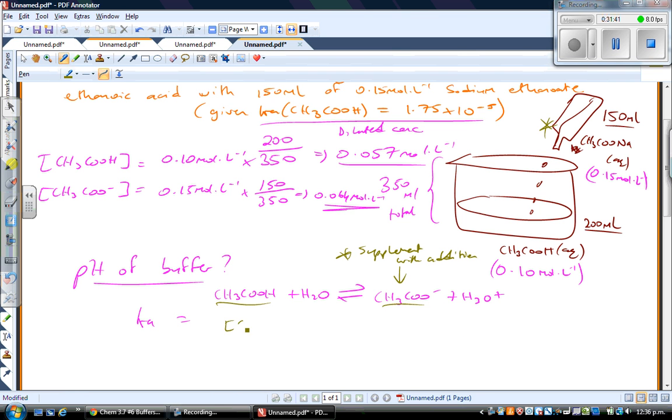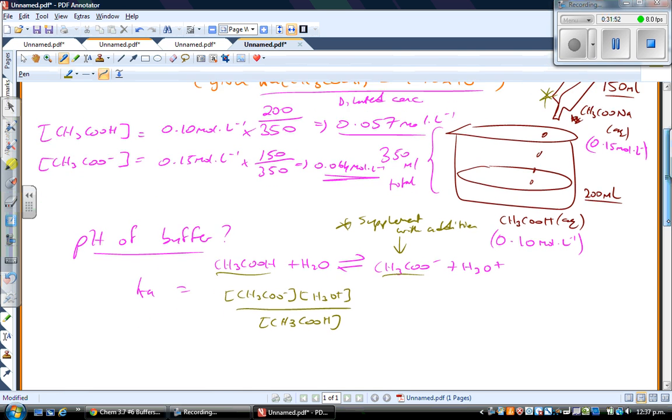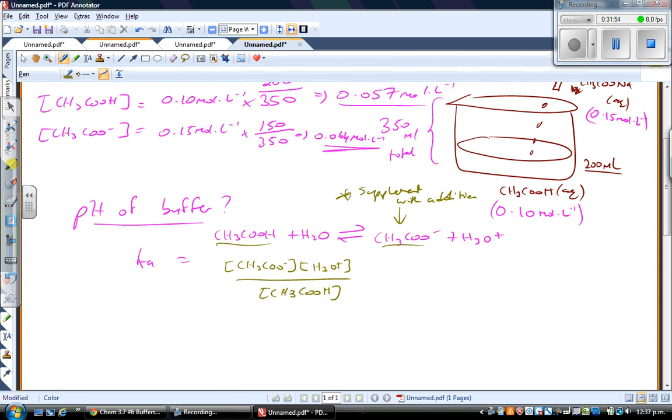The Ka expression is going to be the ethanoate times the H3O+ over the concentration of ethanoic acid. In this case, we're interested in the pH, so we're interested in the concentration of H3O+, so that's the one that we want to isolate. So Ka times the concentration of ethanoic acid, which was diluted, over the concentration of the ethanoate, which was also diluted, will give us the concentration of H3O+.